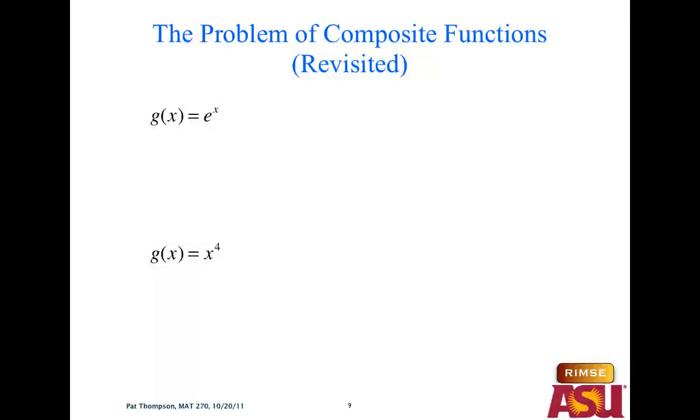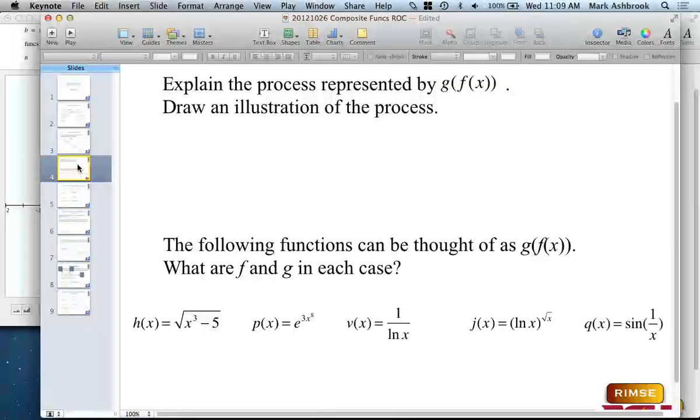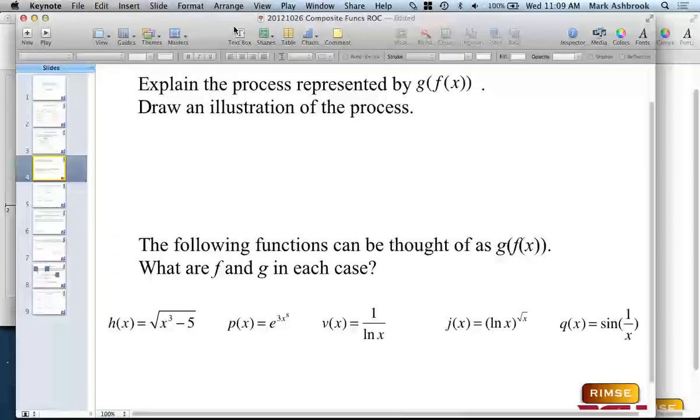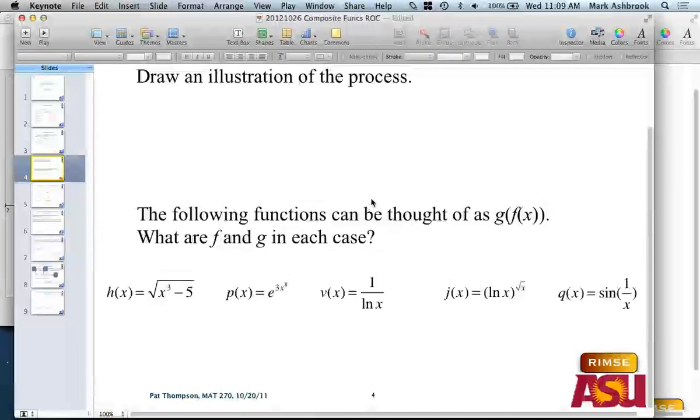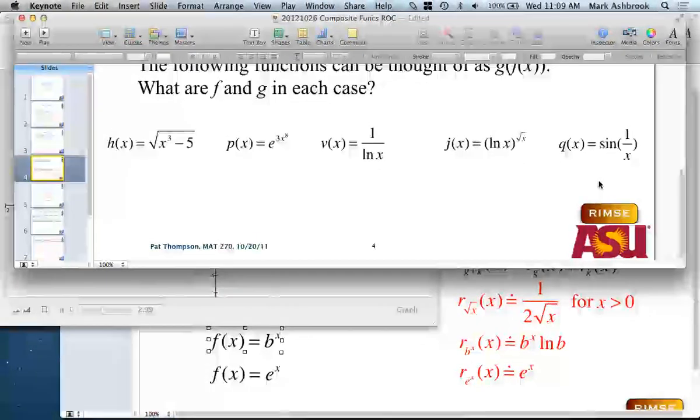Okay, so let's go back to our examples and see if we can do this. These are the ones we worked on. Let's do this first one together, and then I'll let you do the others.